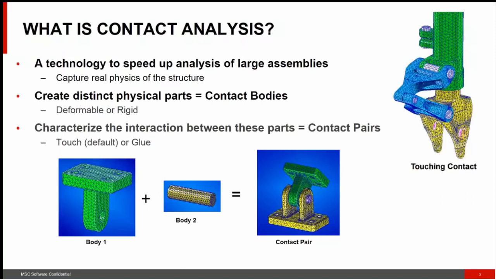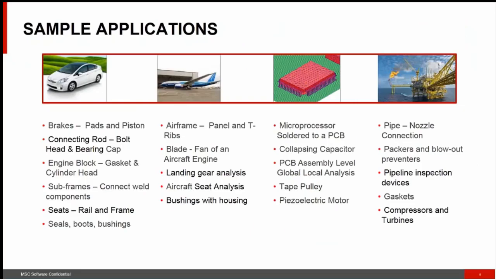The first step is to define the bodies and distinguish which parts are connecting to each other. As you can see from this image, we have a body 1 and a body 2 for this slug and pin. Then we define how these bodies are interacting with each other and which bodies are connecting to each other. Are they touching? Are they glued? These are the topics that we're going to be discussing in this webinar.